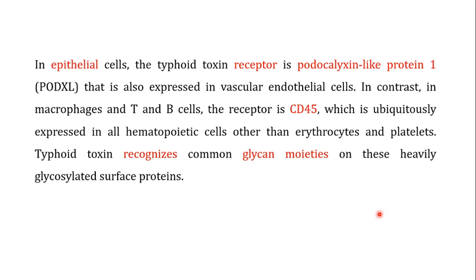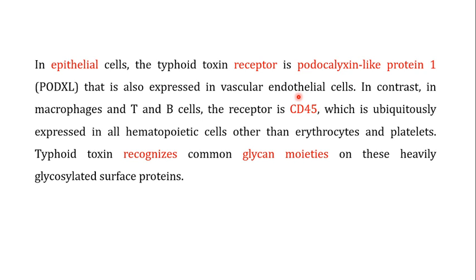Now how does this typhoid toxin enter the epithelial cells, or how does it interact with the epithelial cells? In epithelial cells there are special receptors for these typhoid toxins, which is known as the podocalyxin-like protein 1, that is also expressed in vascular endothelial cells.